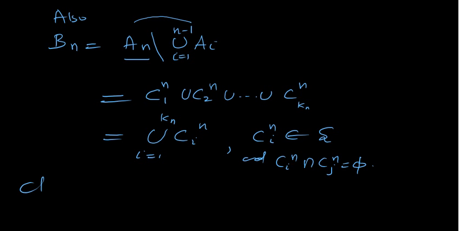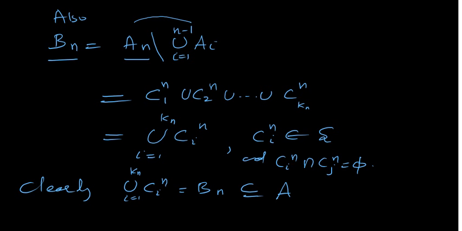Clearly this B_n is a subset of A_n, because we are removing something from A_n, and the resultant set A_n minus that set is equal to B_n. So B_n is actually a subset of A_n. So this B_n is actually this set: the union of C_in, i from 1 to k_n, which is equal to B_n, and it is a subset of A_n.